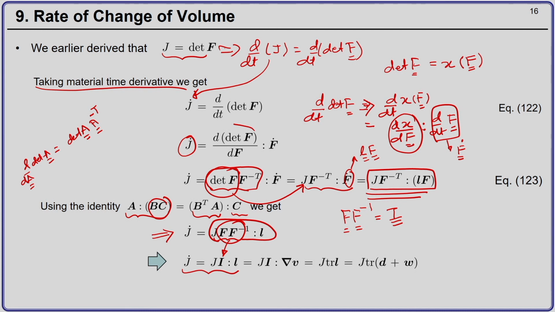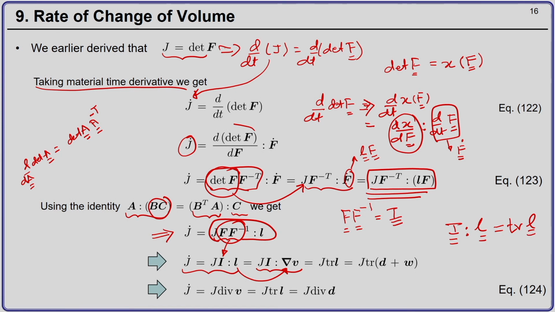So, the rate of change of Jacobian is J times I double contracted with the velocity gradient tensor L. Now, L is nothing but the gradient of V, as we have seen. So, I can also write this expression as J I double contracted with gradient of V. The double contraction of a tensor with the identity tensor is the trace of that tensor.